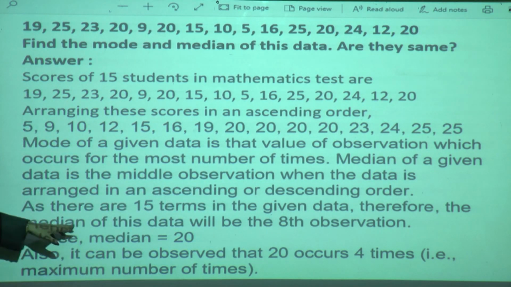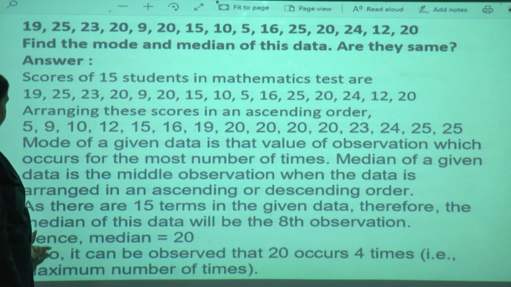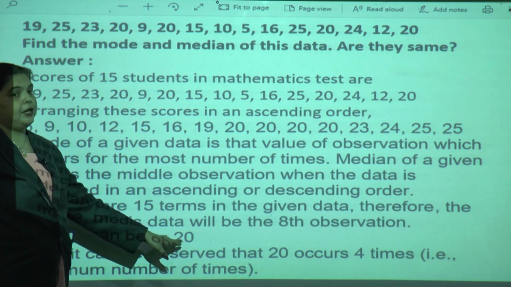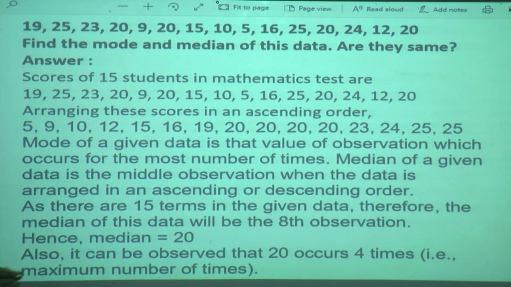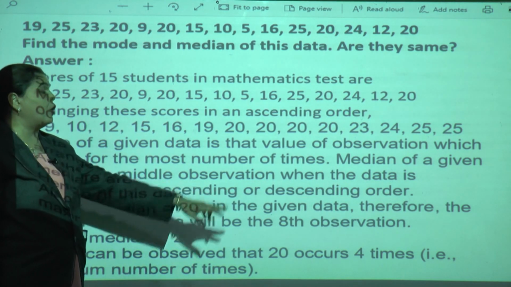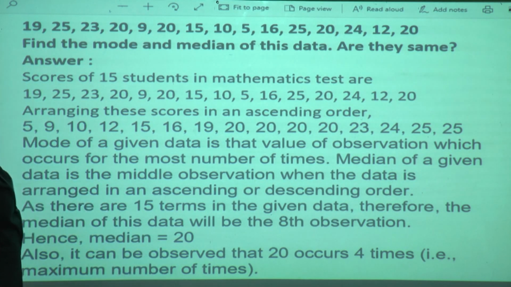Therefore, the median of this data will be the 8th observation, and hence the median is 20. I will explain once again. Also, it can be observed that 20 occurs 4 times, that is the maximum number of times, so it is the mode.